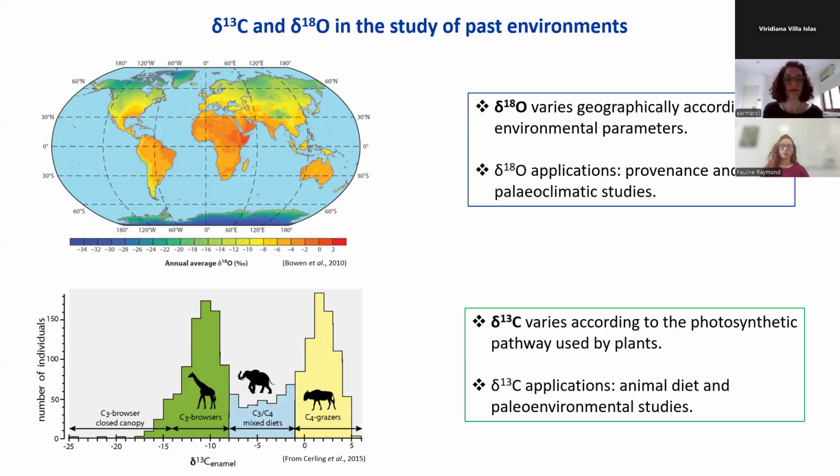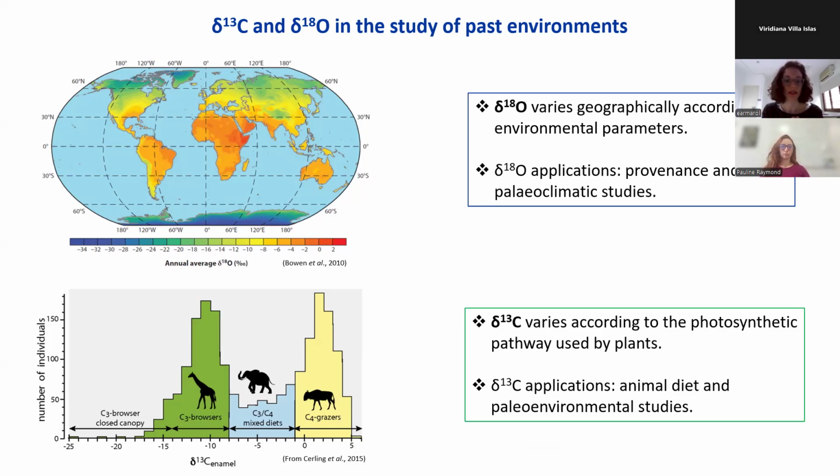So, for example, in temperate regions such as Europe, they are almost absent. But in a C3 plant ecosystem, it's still possible to make some inferences on the environment, as we will see later on.